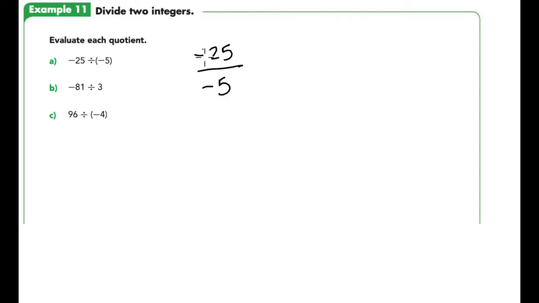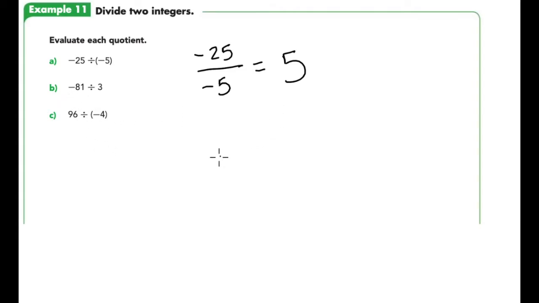And we should see that a negative divided by a negative is going to give us a positive. 25 divided by 5 gives us 5. So the answer to this expression here, negative 25 divided by a negative 5, gives us 5.